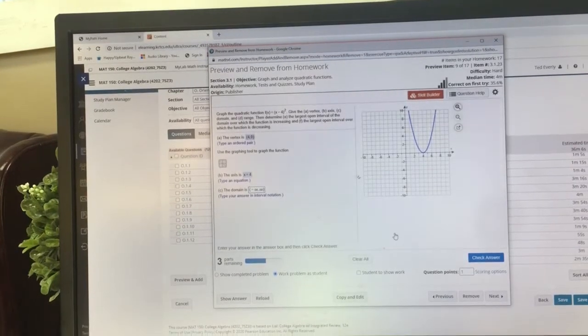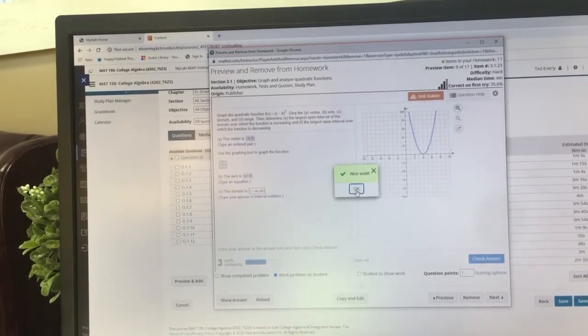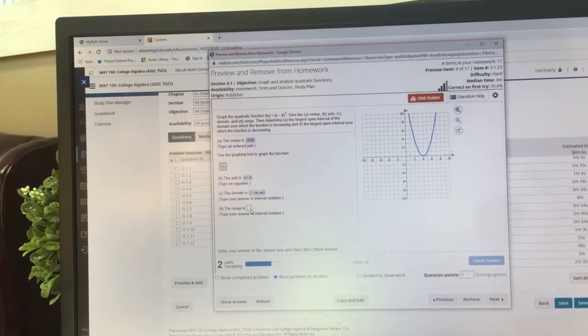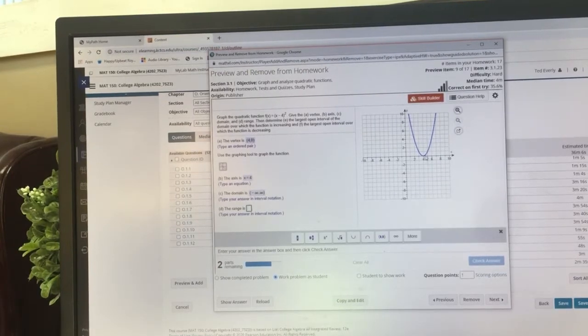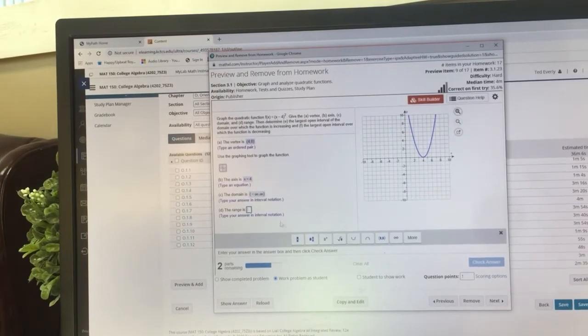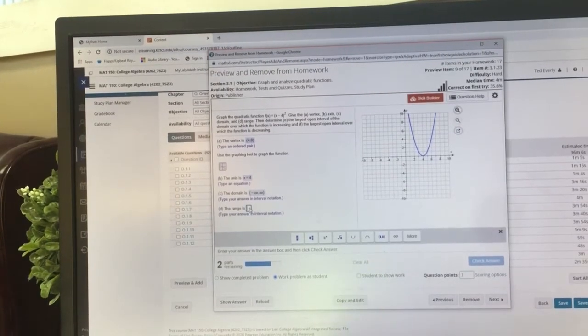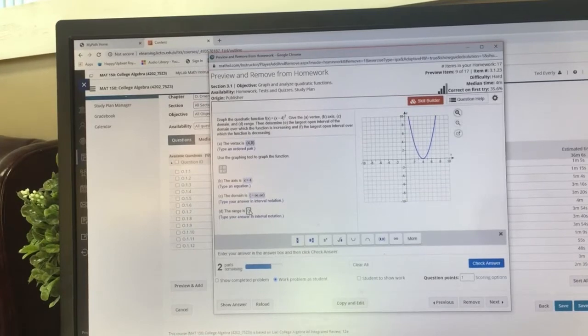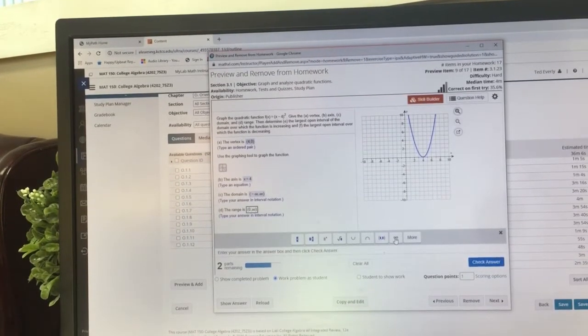Every one of the quadratics. Now, what's the range? The range is what's different on them. So the lowest value looks like it's 0 right here, and it goes up forever. So 0 to infinity.